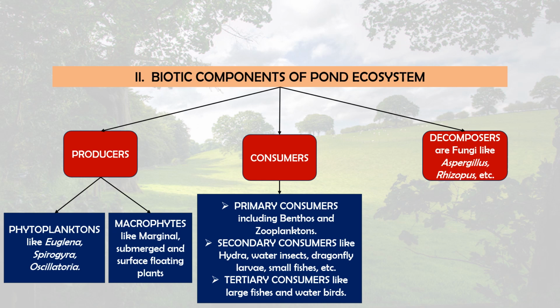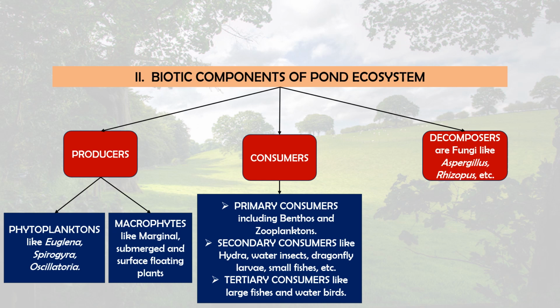These are found floating on the surface of the pond, like Jussiaea and Ipomoea, and some rooted plants like Typha also come under this group, that is marginal and emergent plants.